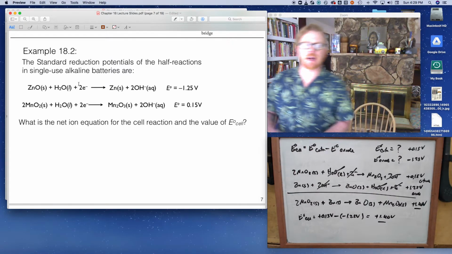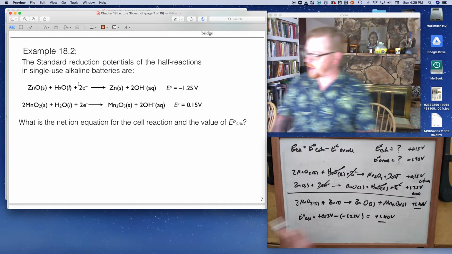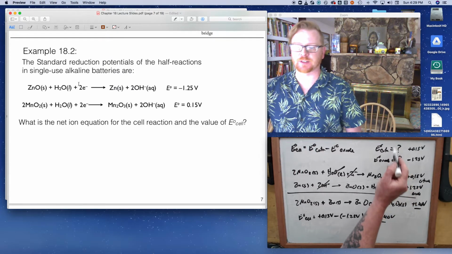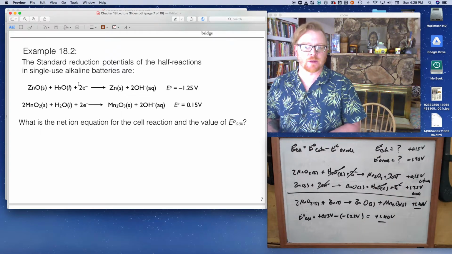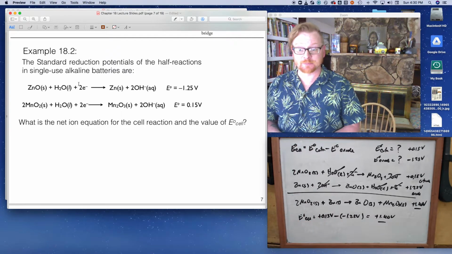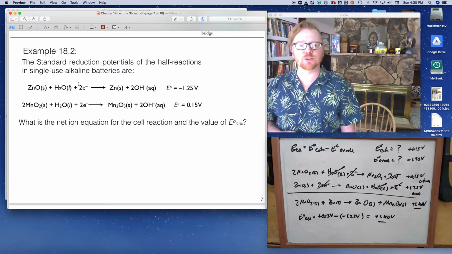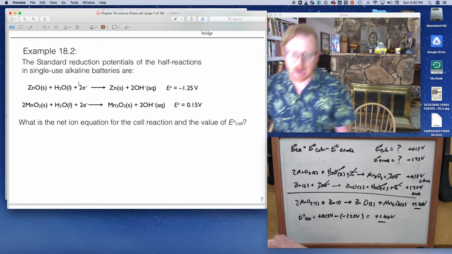Okay, folks, so I kind of just worked this problem in two different ways. So I first wrote that perhaps if we couldn't tell which one was the cathode and which one was the anode, then we can get that by balancing the redox reaction, okay? And you still do kind of have to realize that we want to make E cell positive.